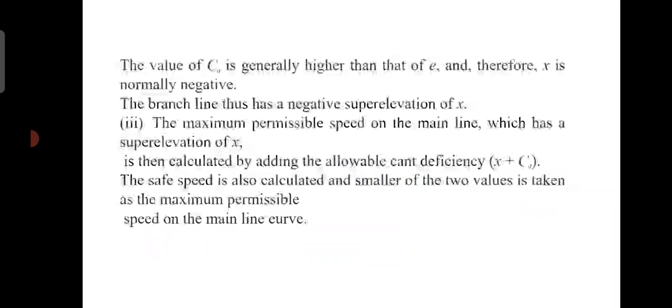The value of CD is generally higher than that of e, and therefore X is normally negative. The branch line thus has a negative super elevation of X. The maximum permissible speed on the main line, which has super elevation of X, is then calculated by adding the allowable cant deficiency, X plus CD. The safe speed is also calculated, and the smaller of these two is taken as the maximum permissible speed on the main line curve.